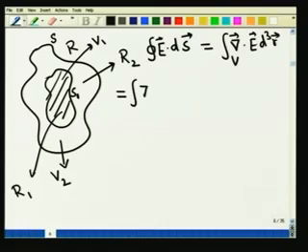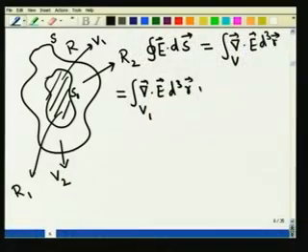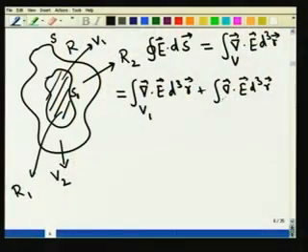This is nothing but the divergence of E d cubed r over V1 plus the divergence of E d cubed r over V2. We first calculated the volume integral in the interior region, then we calculate it in the outer region.